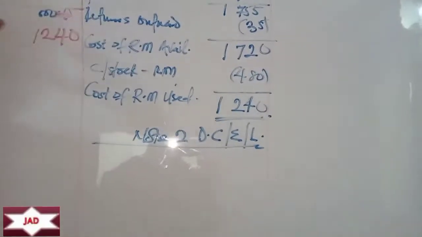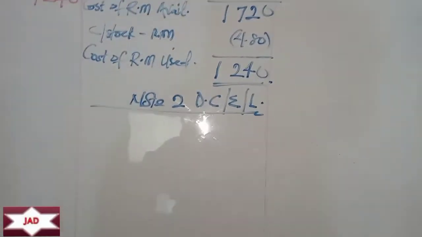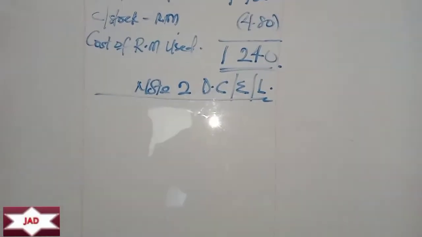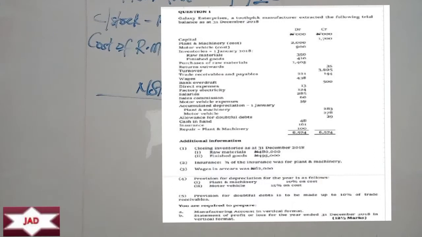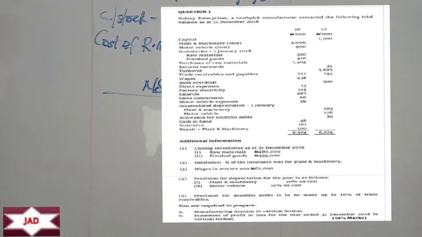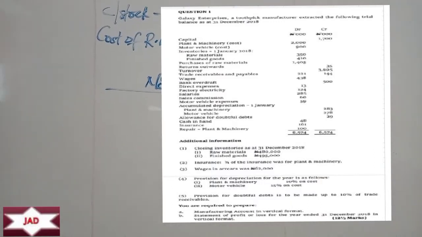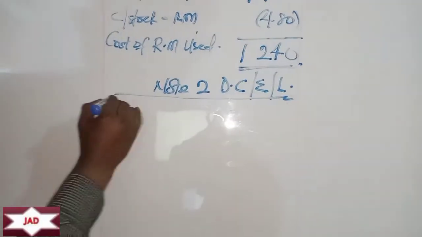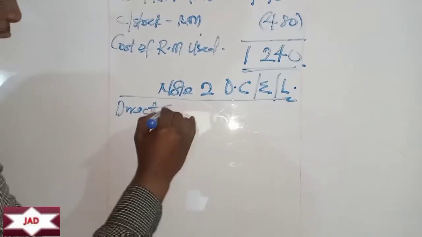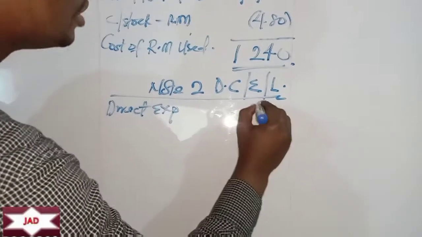So let's gather all the costs incurred directly towards production. In the question I can see wages. I can see direct expense. Direct expense, I'm seeing 13. So direct expense, we say direct expense there.